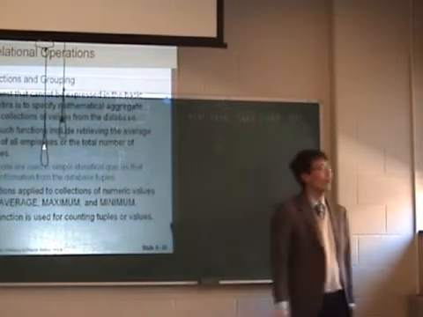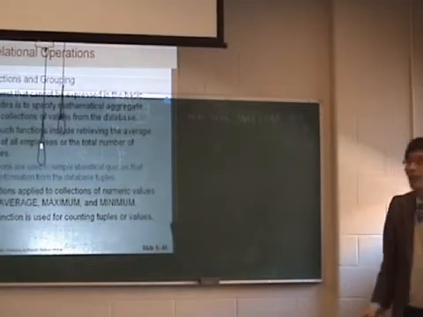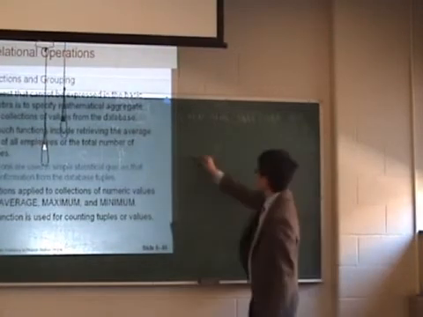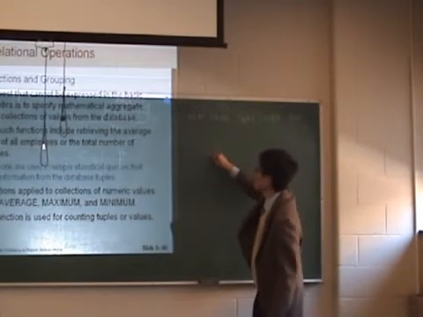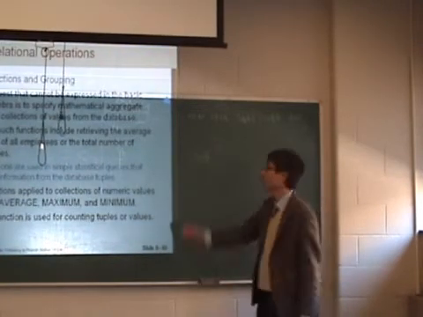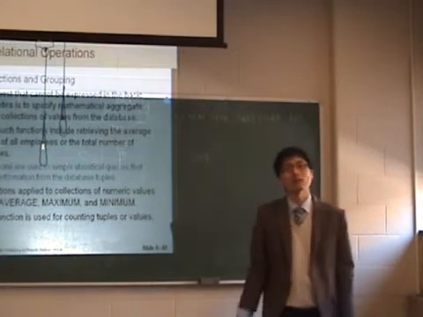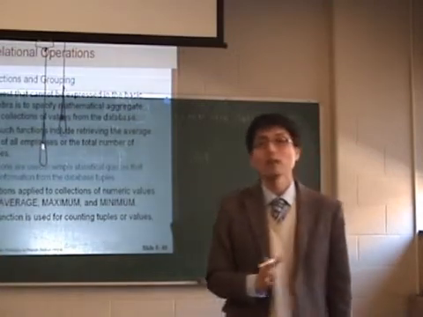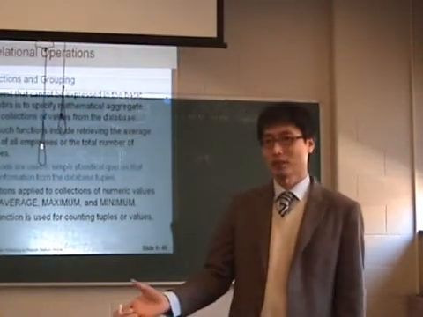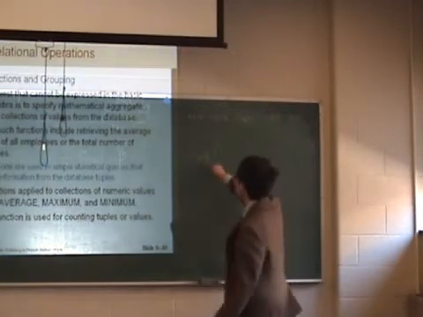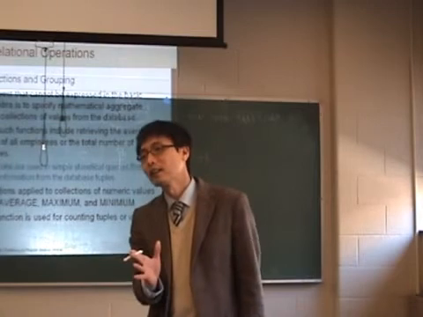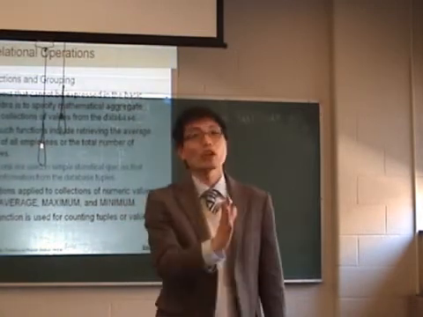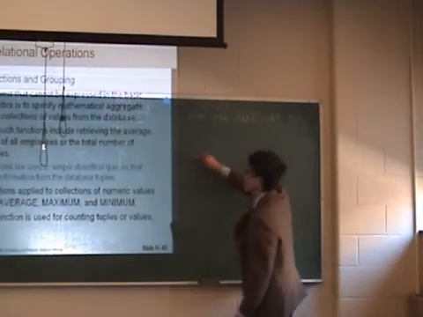How can you use them? It's a large F. With the large F as the symbol, you can put the group, which is called the grouping factor, on the left-hand side. For example, average salary by department: department is the grouping factor. Average GPA by major: major will be the grouping factor.